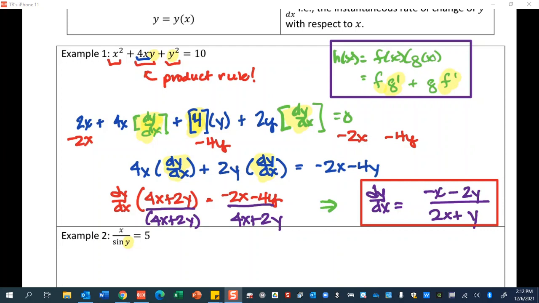Goodbye, see you later, I don't want you. You're in the wrong spot, move. So my 2x's got to go, my 4y's got to go. And when I'm left with this, I can then factor my dy dx's out. And then we're down to finding a common factor that we can pull out to simplify. Sound okay? Yeah?